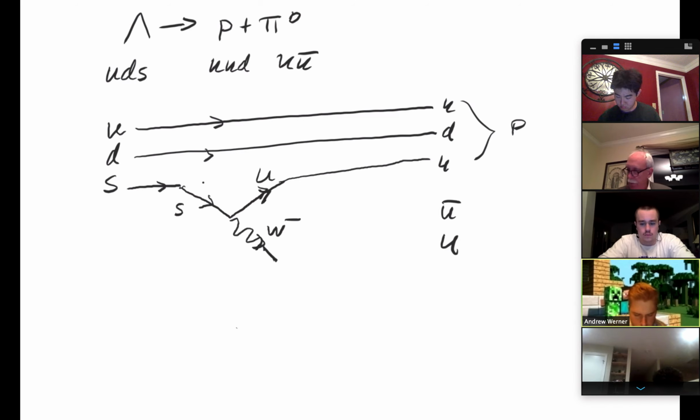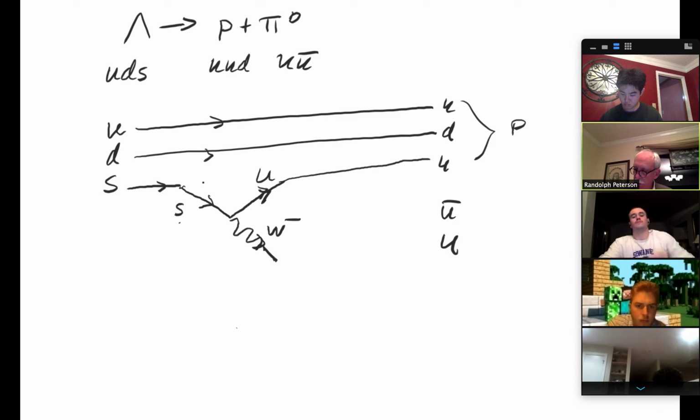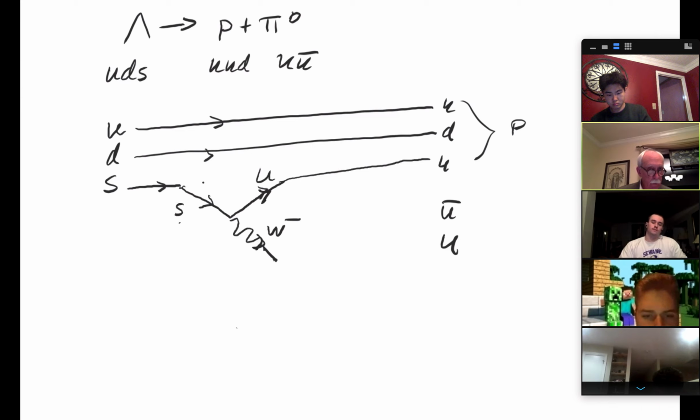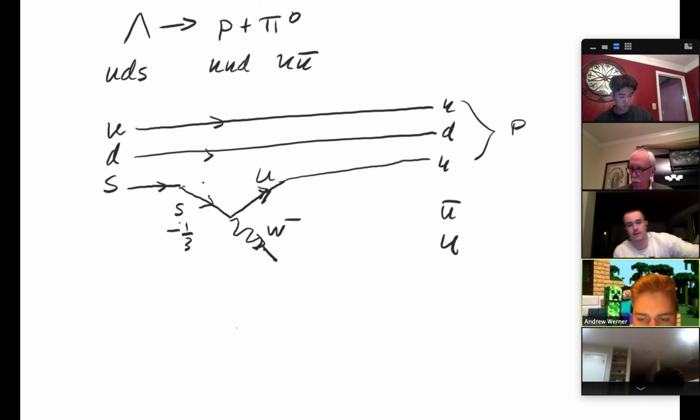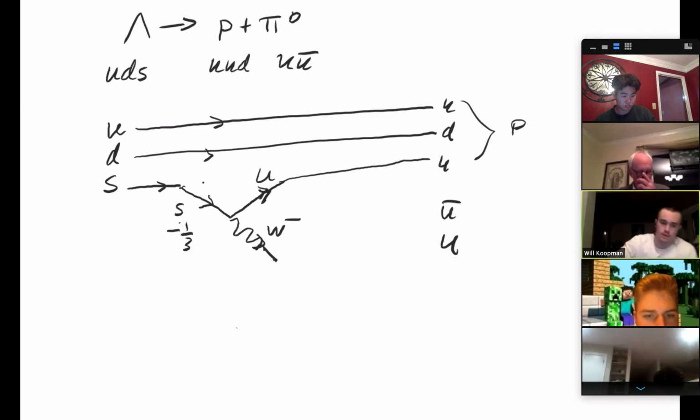By the way, what's the S charge? The S charge is minus 1/3. Minus a third, yep.